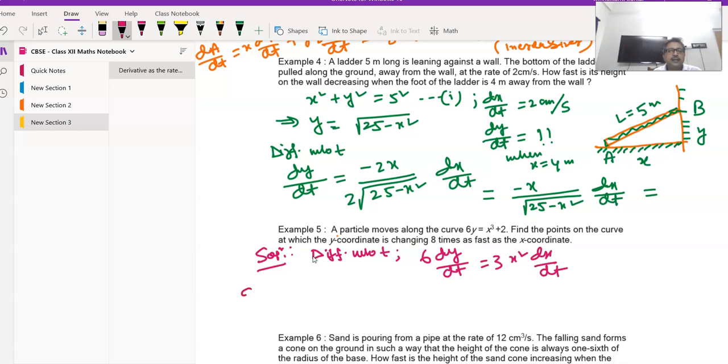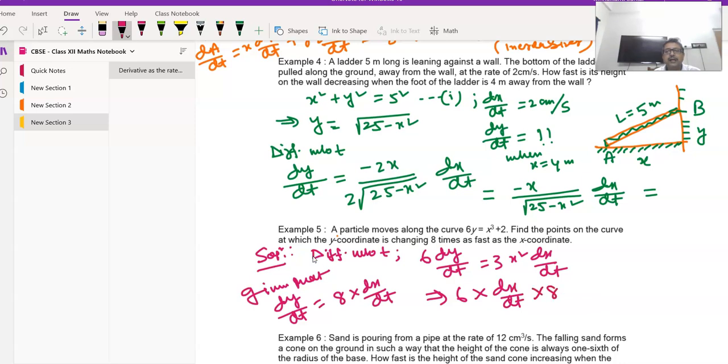Now it is given that on the curve the y coordinate is changing, given that dy by dt equal to 8 times dx by dt. So just use this condition, 6 into dx by dt into 8, equals 3x square dx by dt. So you cancel these two terms.